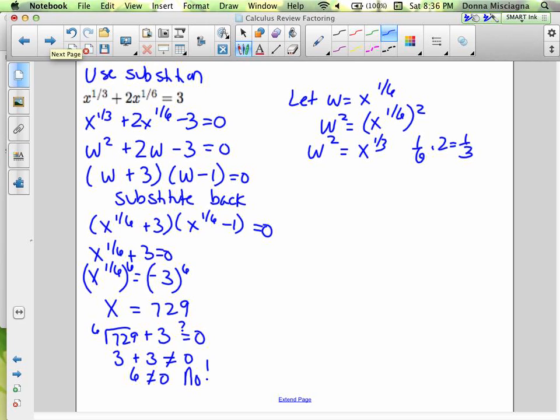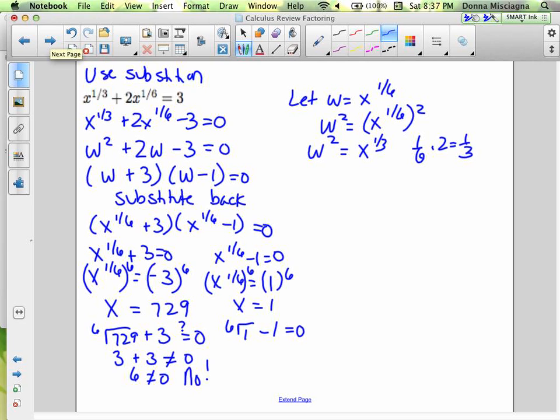Let's try the other one. X to the 1/6 minus 1 equals 0. X to the 1/6 equals 1. Let's raise both of those to the 6th power. So x equals 1, and the 6th root of 1 minus 1 equals 0.